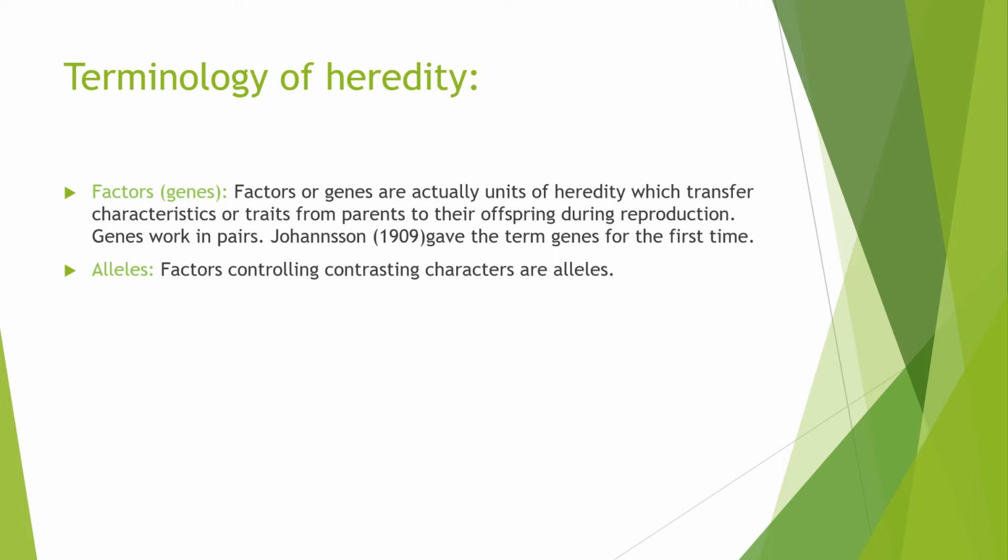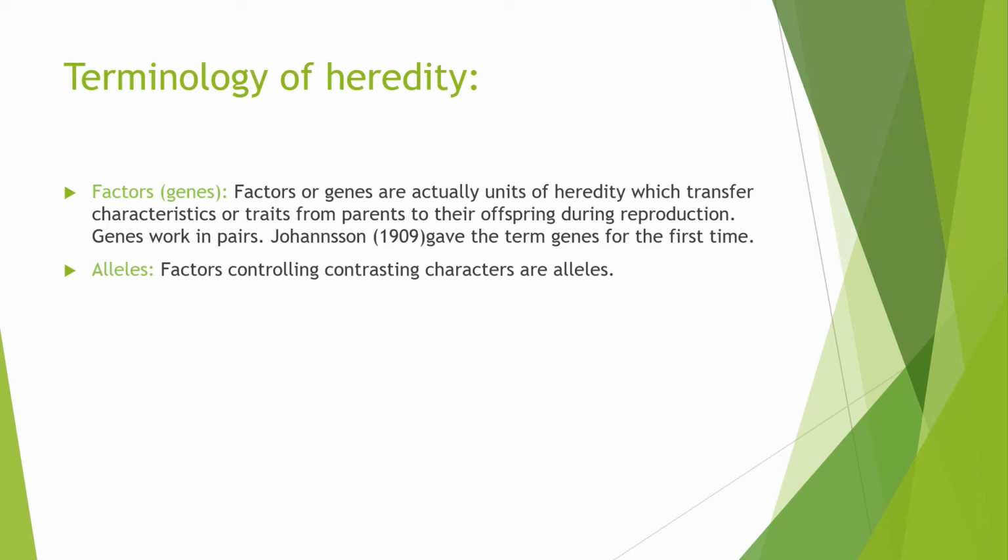Suppose I am telling you about a tall plant. For tall plants, in the next slides you will learn about that, we are taking factors TT. So when we take these two T, it means a pair of factors. One pair of factors has two units.